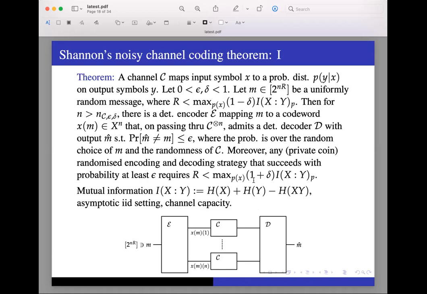But nevertheless, what is the capacity? The capacity is defined to be the maximum of the mutual information. Okay, so ignoring this fudge factor, people loosely say that any rate below the capacity can be achieved with probability of error very, very small. So formally this is the rate that can be achieved. Remember, delta can be taken as small as possible.